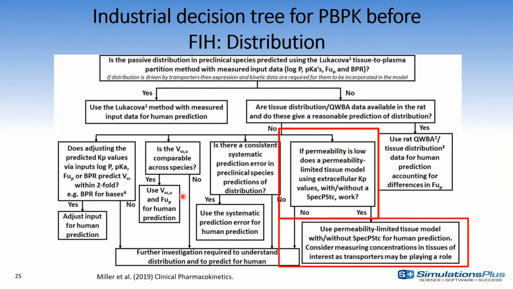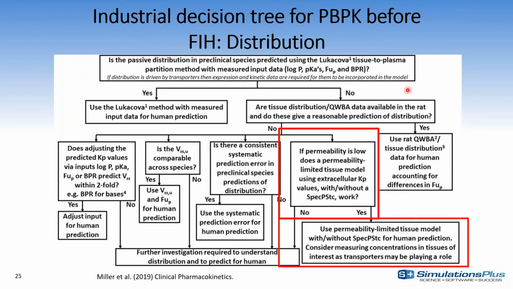So this is the decision tree I mentioned previously by Dr. Miller and a number of the members in the GastroPlus user steering committees. It is very important to be able to accurately predict the distribution for first-in-human researchers.